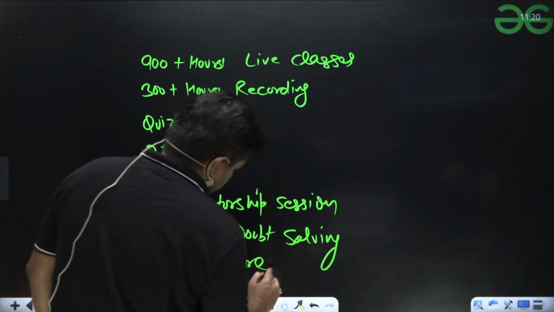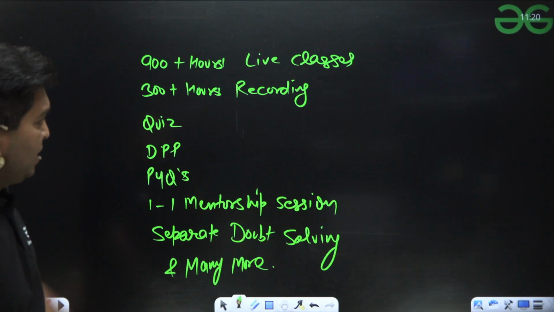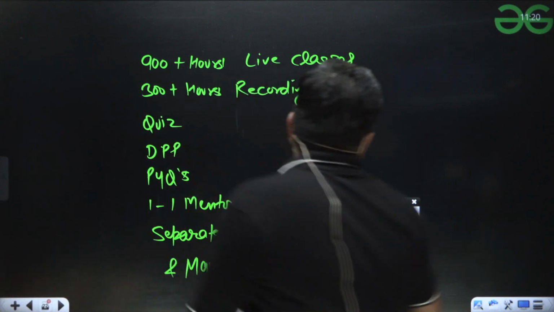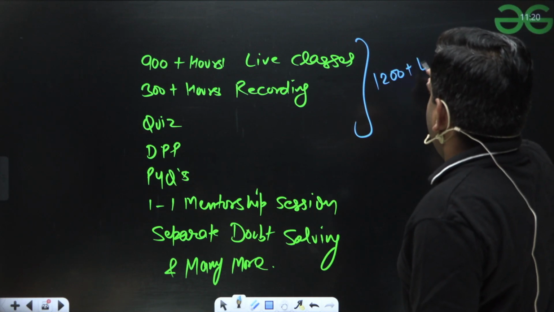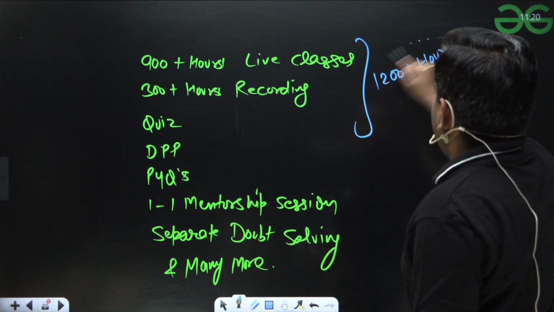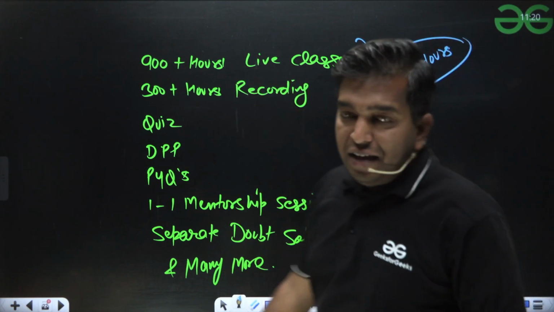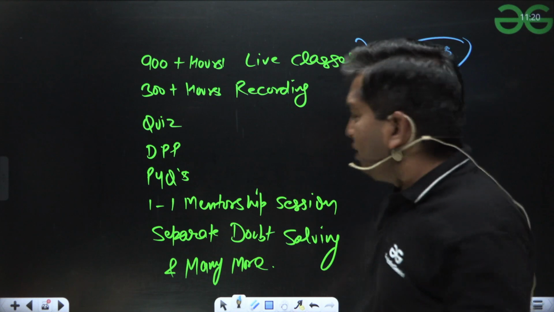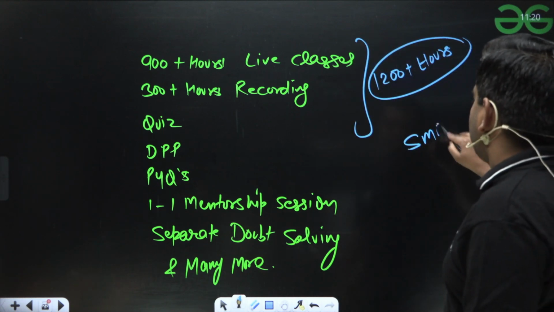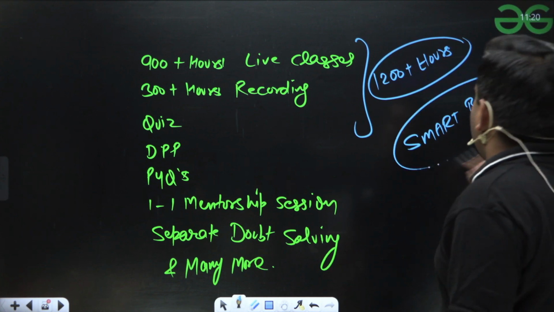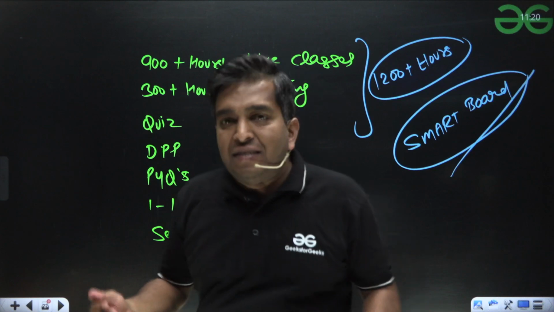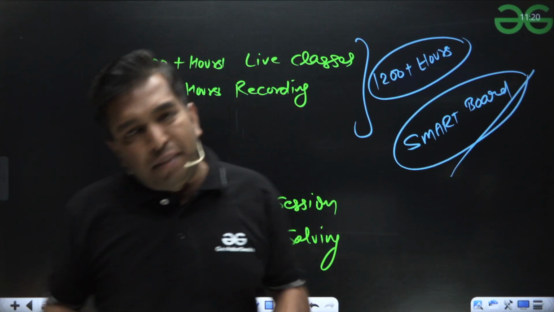So in this you can see, in 7,000 you are getting 1200 plus hours of classes, 900 of which are live and 300 are recorded, and all classes will be conducted on a smart board, like whatever I'm writing in this manner. So you will get the complete feel of an offline class, and give your best also.